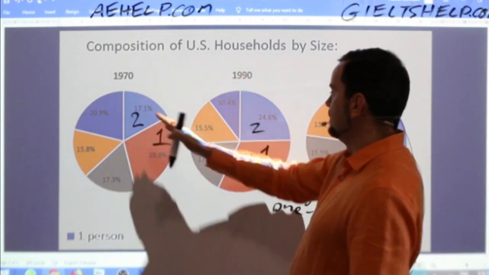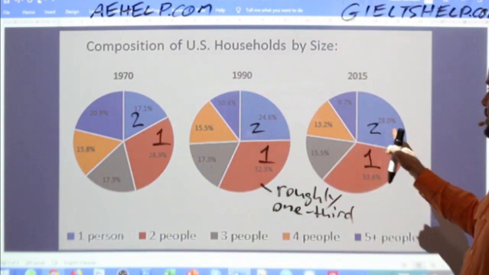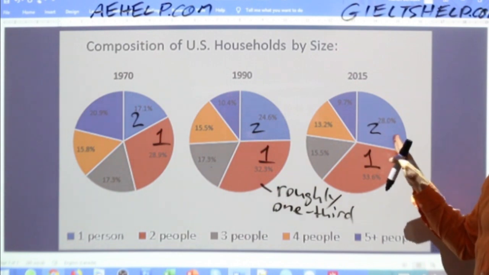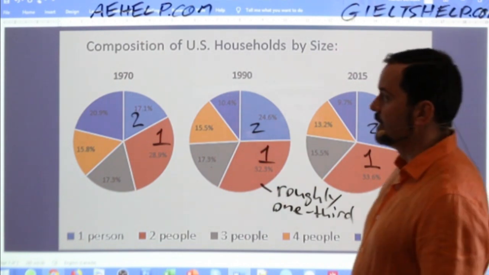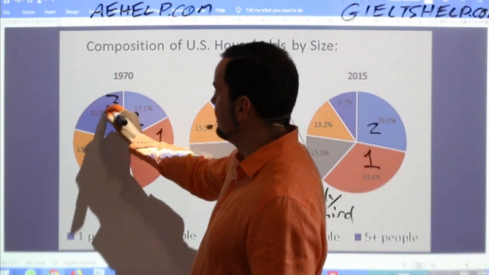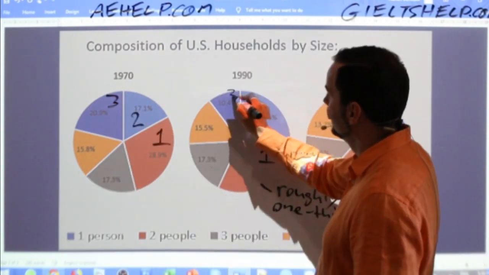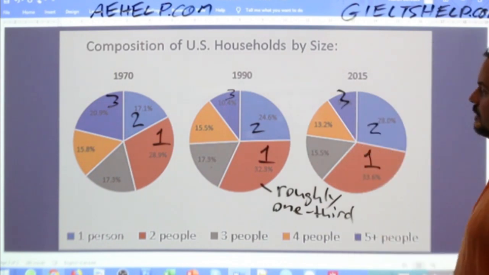So it goes 17%, 24%, 28%. Okay. And then probably my third point would be 5+ people. Okay. That would be my third point for comparison.